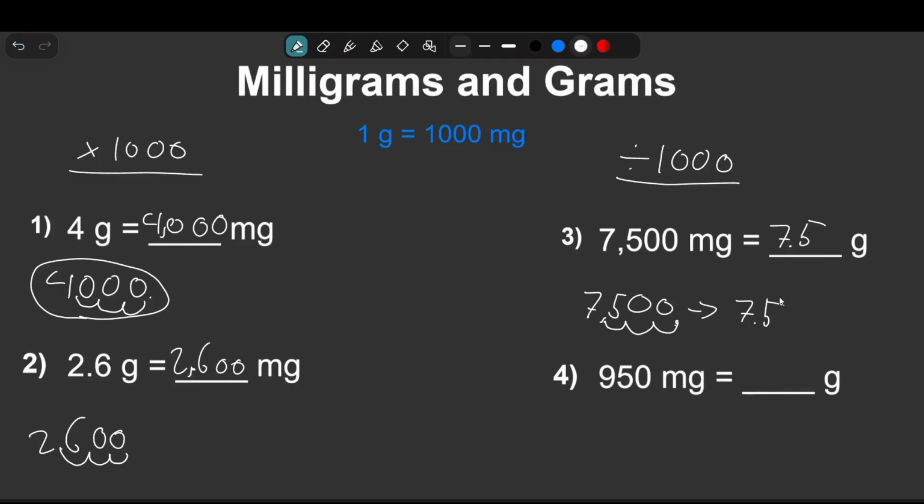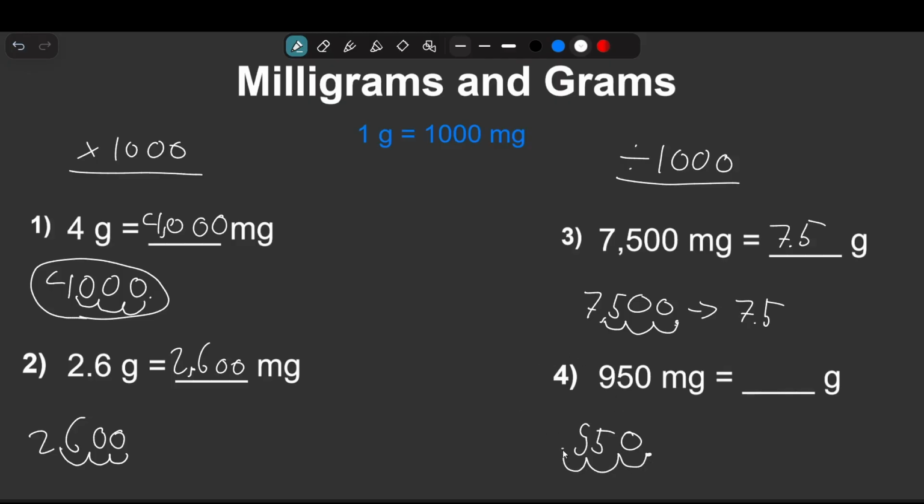So now for the last example, we have 950 milligrams equals how many grams? So again, we're going from milligrams to grams, so we are going to divide by 1000. So let's write it down here, 950, and we have to divide this by 1000. So the decimal is right here, and we're going to move it 3 times to the left. 1, 2, and 3.